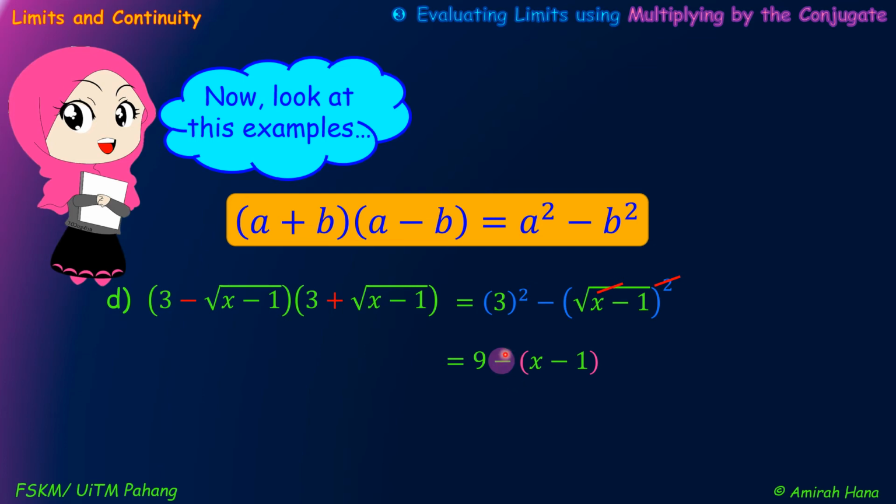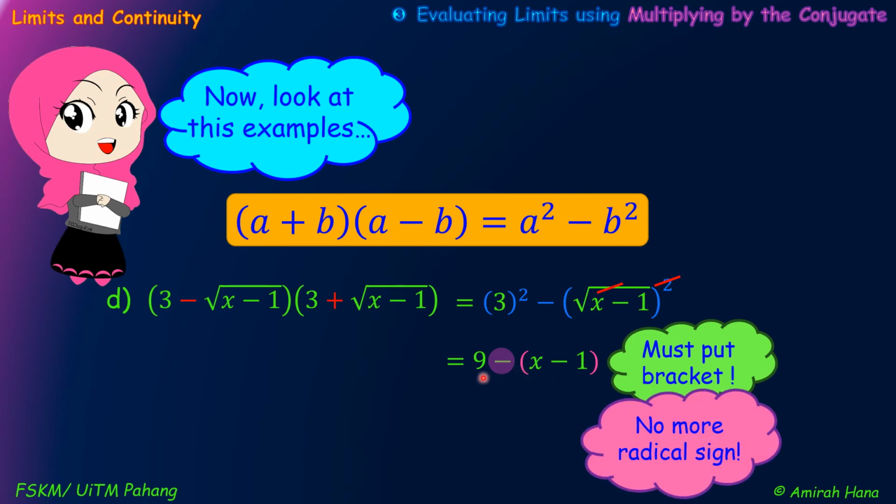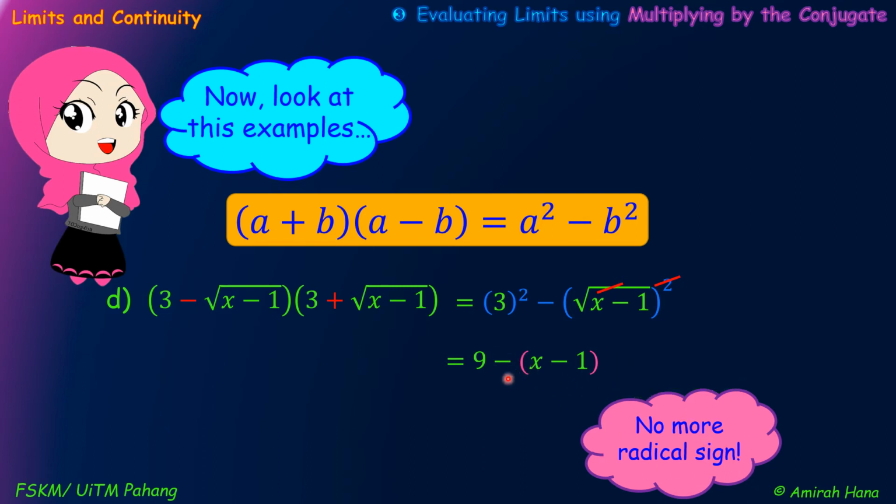Now we can see that in between is a minus sign, and after the minus sign, we have two terms here. So you must put brackets here to avoid error, because from here, we need to expand. Also from here, there is no more radical sign, so we can expand.